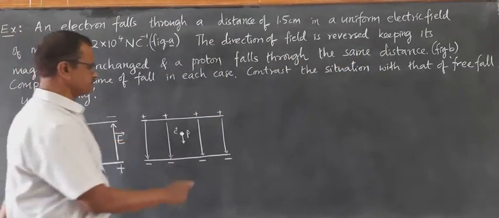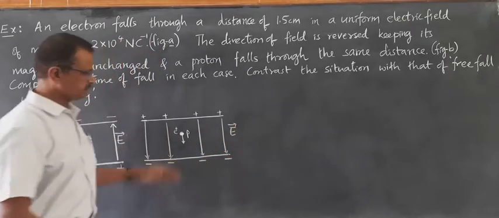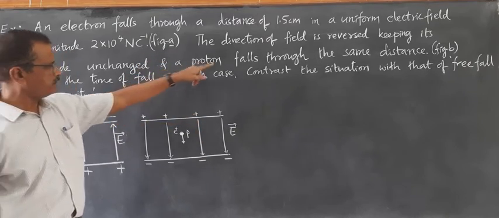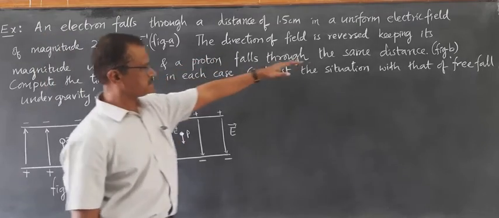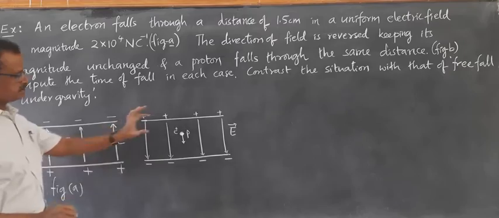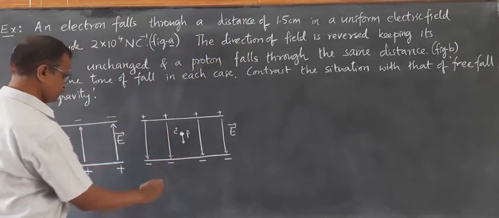The electric field is the same, but now it is reversed, vertically downward, and a proton is made to fall through the same distance, 1.5 centimeter. This is figure B.